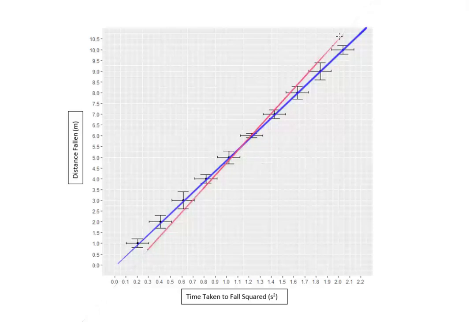Now, I'm claiming this goes through all the error bars, but note, it doesn't actually have to touch all the error bars. As long as it goes through the square that is outlined by the error bars, then it is still within error. So at this top corner here, it is still passing through that error bar, and similarly, for the bottom corner down here, it's still within the range that is allowed by that error bar.